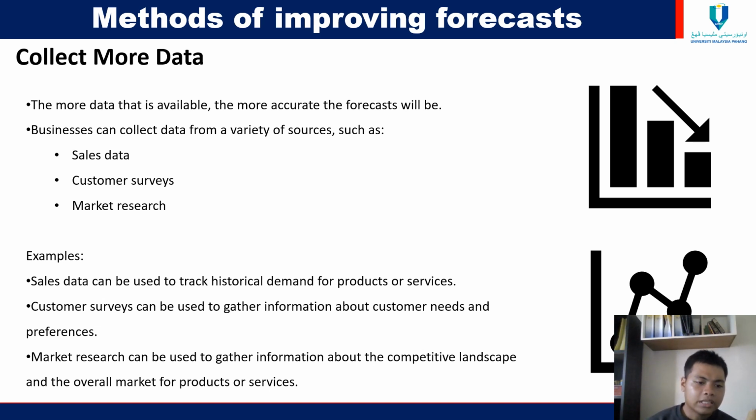For example, sales data can be used to track historical demand for product or service. Customer survey can be used to gather information about customer need and preference. Market research can be used to gather information about the competitive landscape and the overall market for product or service.